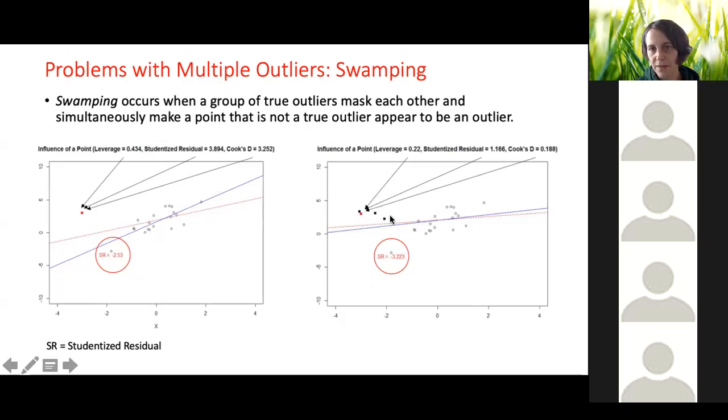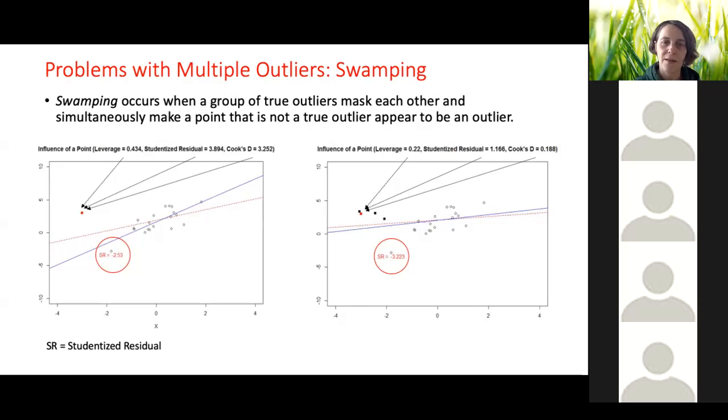However, if the line is pulled towards this group of outliers, this point here suddenly appears to be an outlier, despite the fact that it's not, if you basically focus only on these well-behaved points. That is called swamping. It makes a data point appear an outlier that's actually not an outlier.